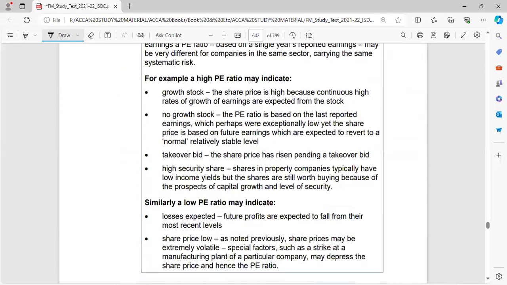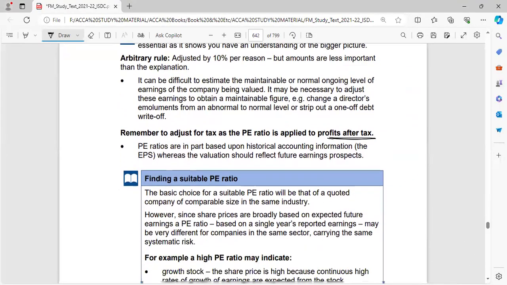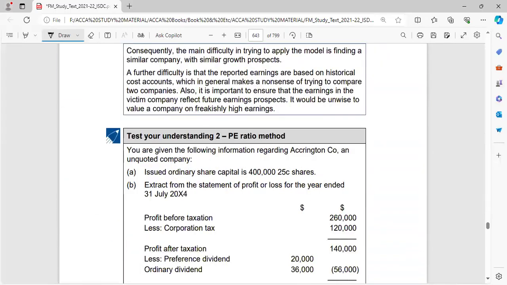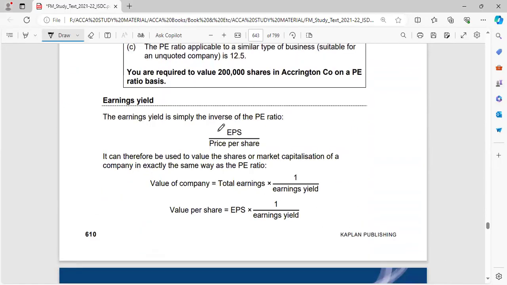Next one is the earnings yield method. The earnings yield method is basically based on output. Yield means output. Where we are calculating earnings yield, we use EPS divided by price per share into 100.